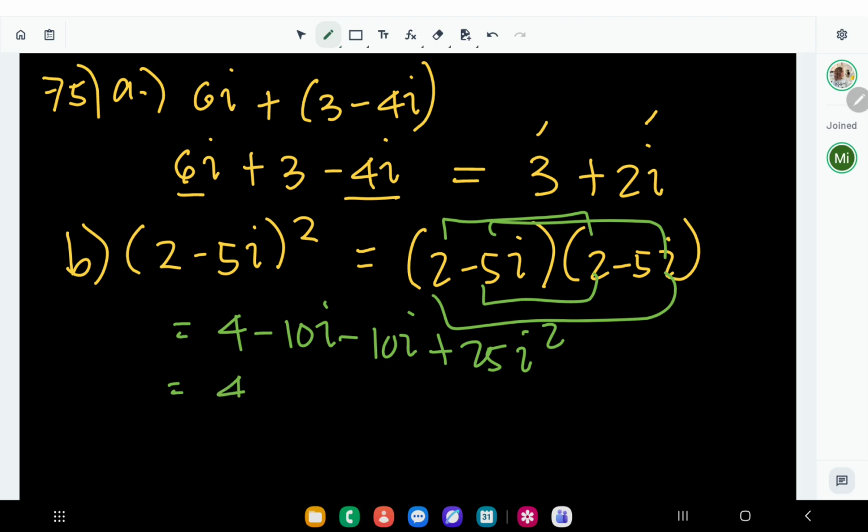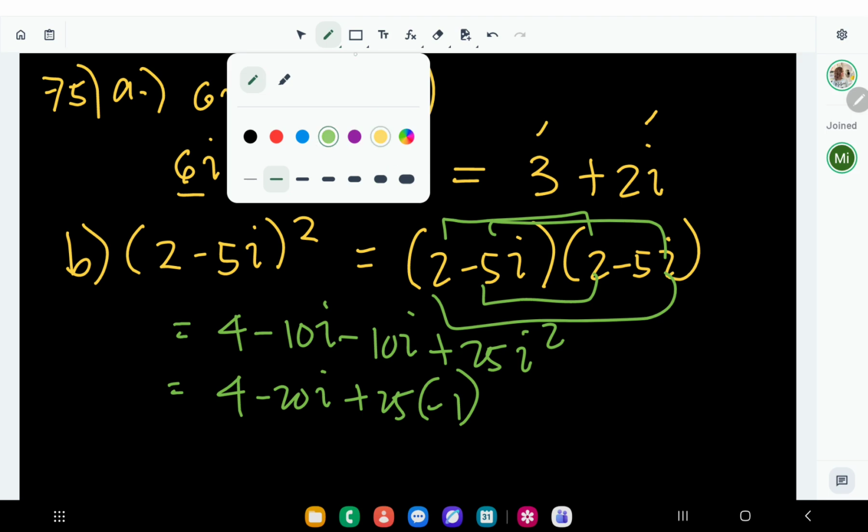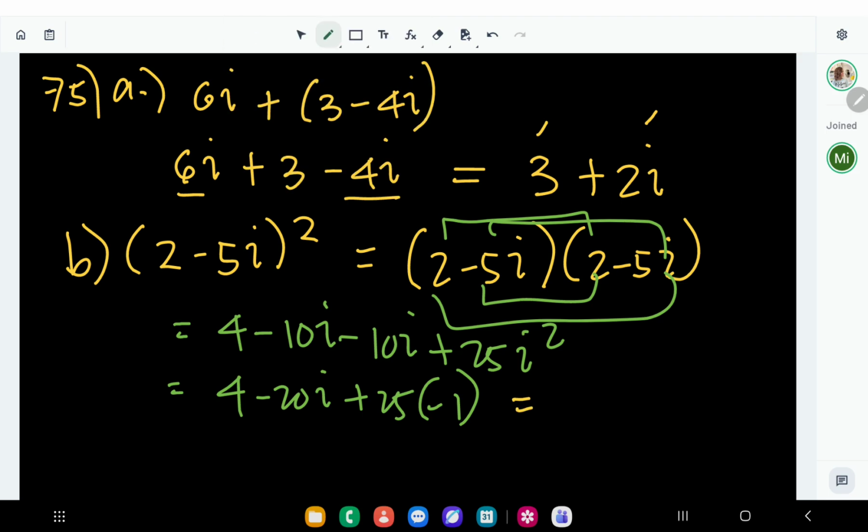So you have 4 minus 20i plus 25 times negative 1. Then you simplify. This is 4 minus 20i minus 25. 4 minus 25 is negative 21 minus 20i, right? So that's the answer.